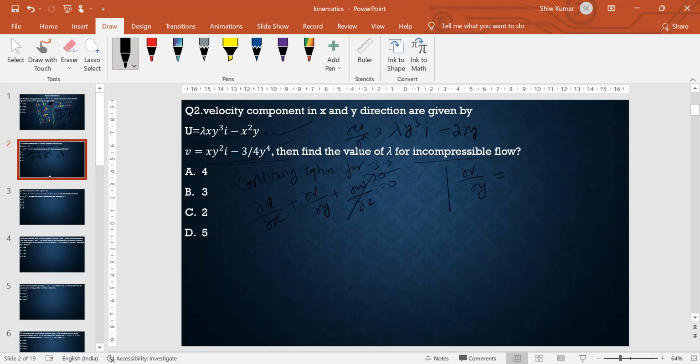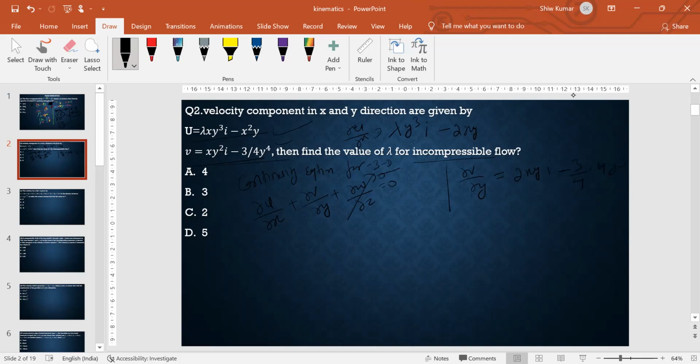With respect to y means the x term must be constant. So y square का differentiation it will be 2y. So it will be 2xy i minus 3 by 4. It will be here 3 by 4 and y to the 4 is 4y cube.